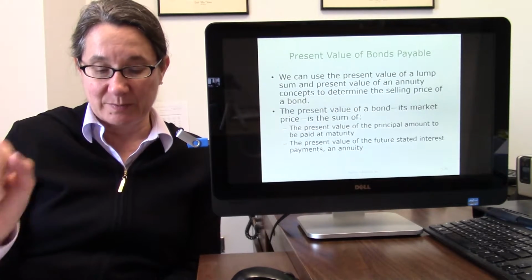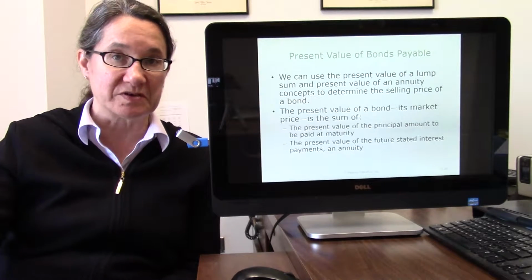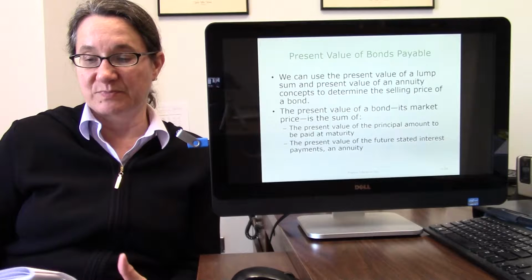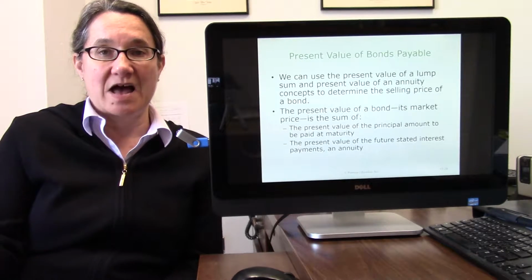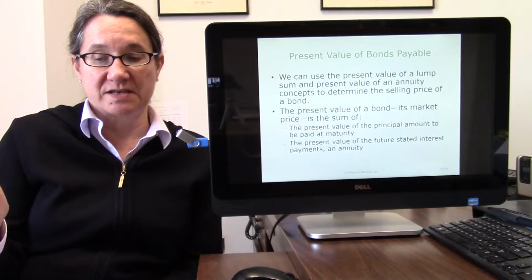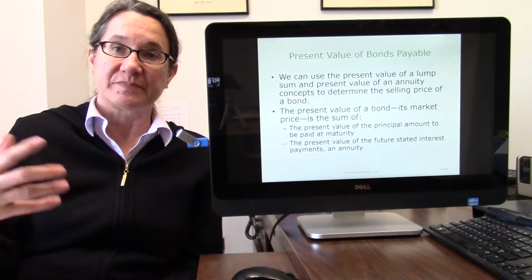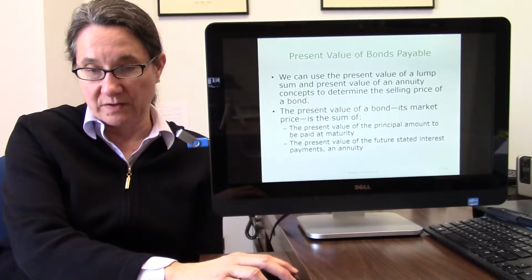Then the present value of the future stated interest payments. Those interest payments are an annuity, because they occur in equal amounts over time periods. So this concept is important when valuing a bond because you're getting that one lump at the end and you're getting an annuity, and there's an interest rate involved. So you can use that to figure out what it's worth.